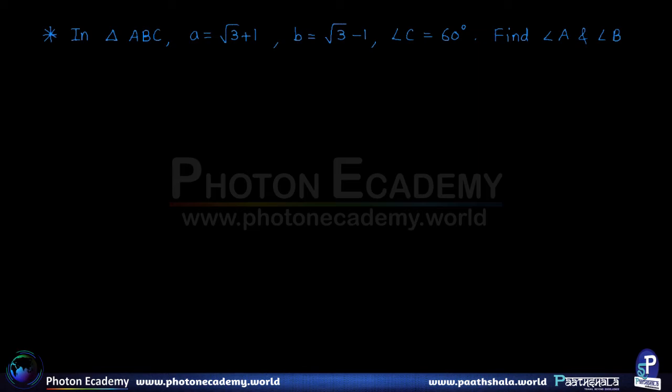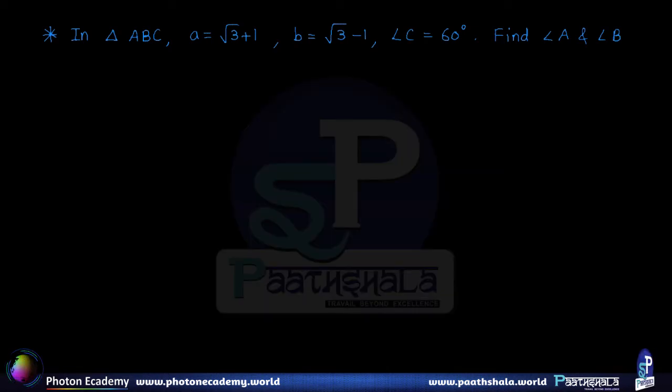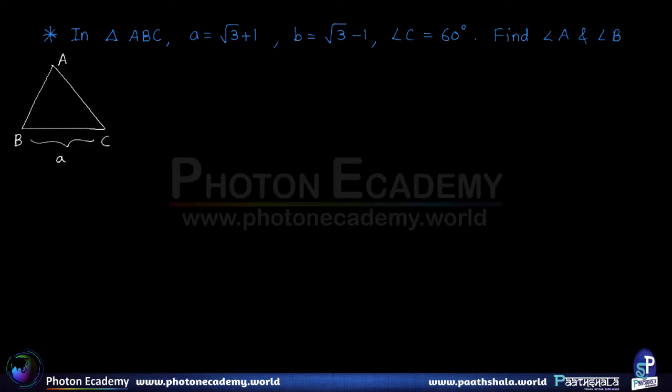Here in triangle ABC, a is root 3 plus 1, b is root 3 minus 1 and angle C is 60 degrees. Then we have to find angles A and B. If we look at what is given and what we have to find, we see a, which is side BC, is given to us. b, which is side AC, is also given, and we are given angle C equal to 60 degrees.